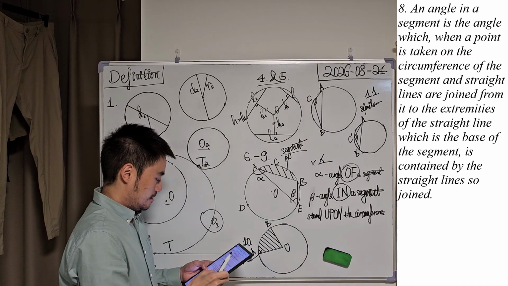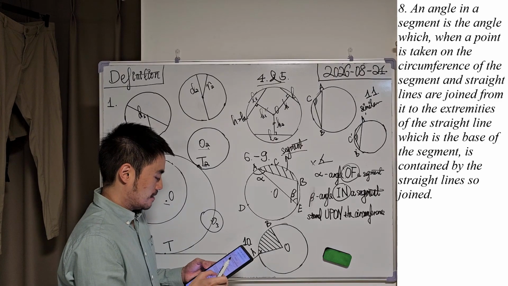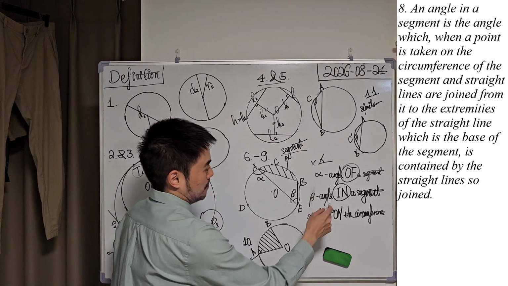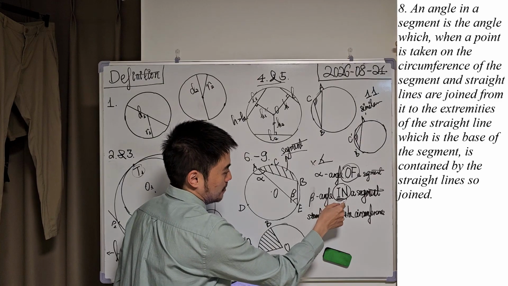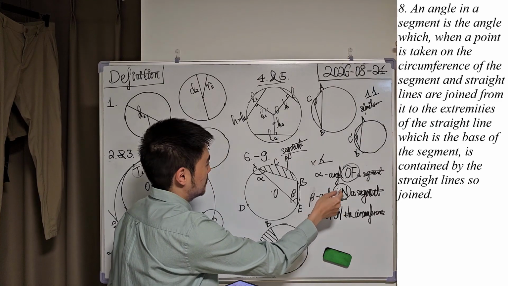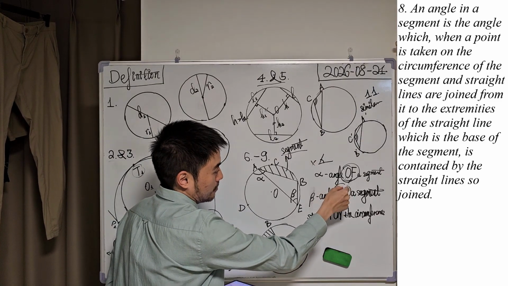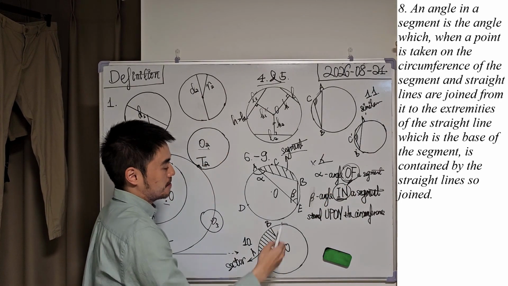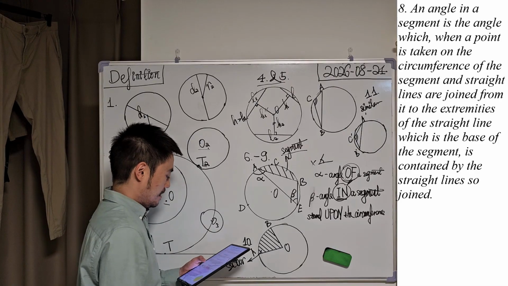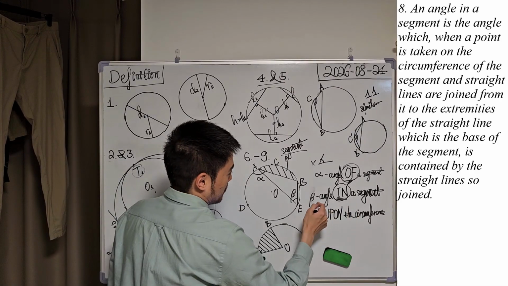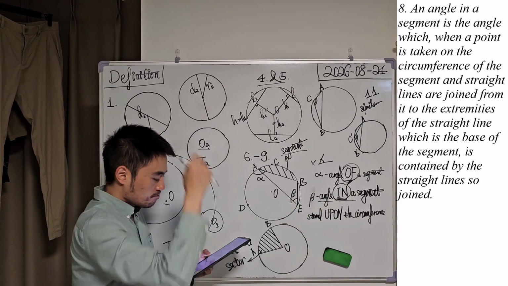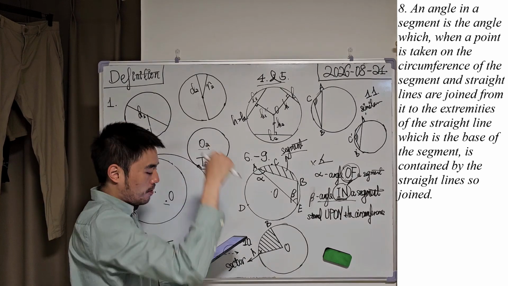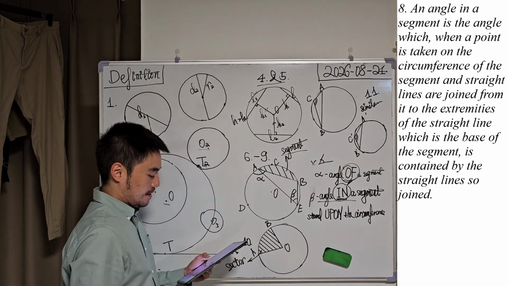And definition 8 declares an angle in a segment. Please pay attention, it is angle in a segment, and it's not angle of a segment. They are very similar words, but different concepts altogether. So the definition says that an angle in a segment, like beta, is when a point is taken on the circumference of the segment.